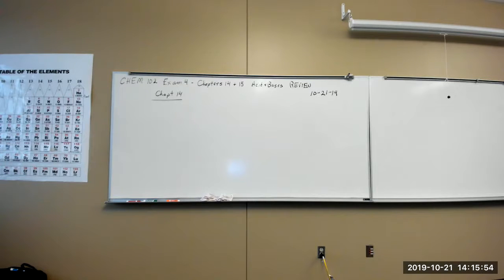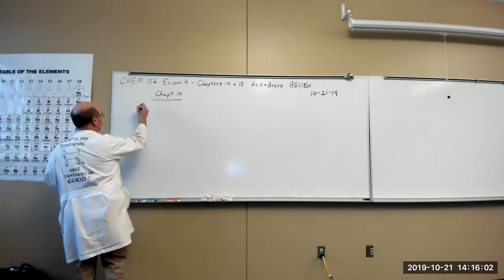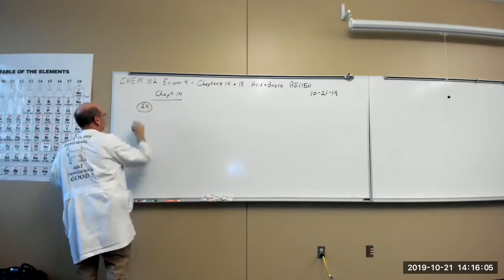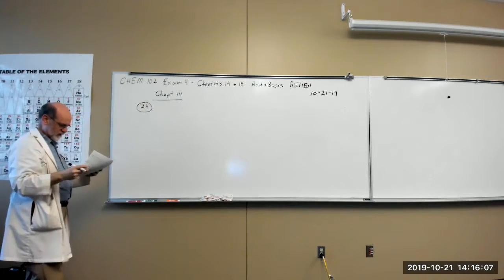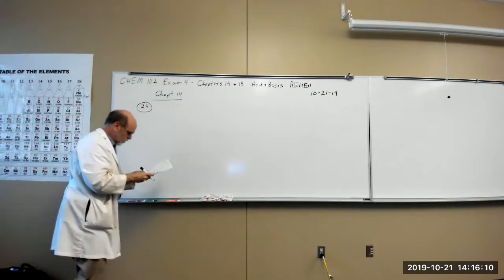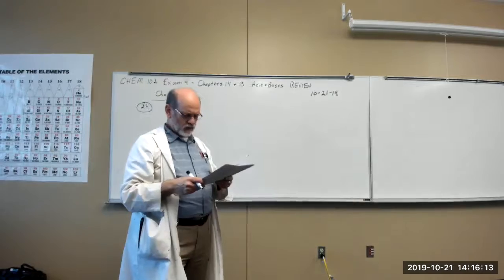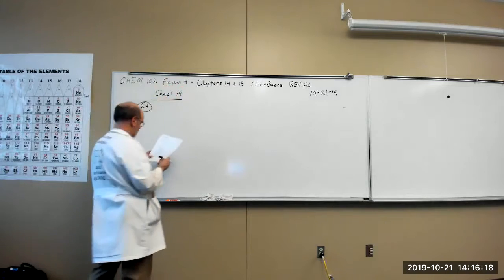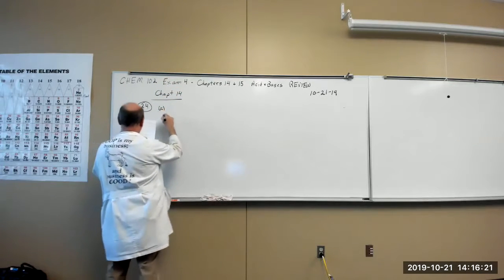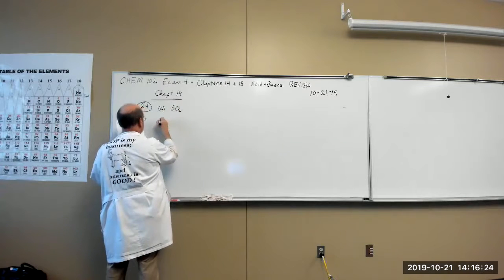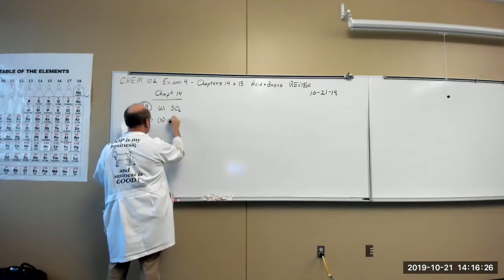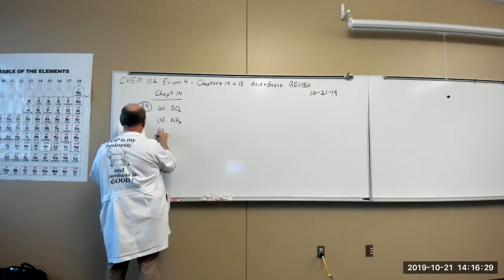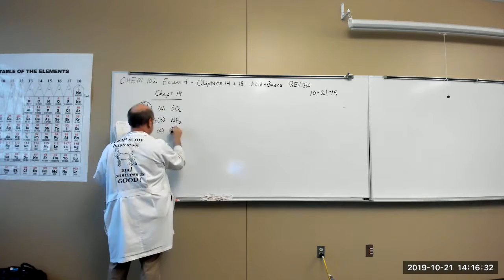Okay, how about 24? The question is, which of the species below, when dissolved in water, will not produce a basic solution? Will it either be neutral or acidic? So let's see, we've got this one and this one and this one.